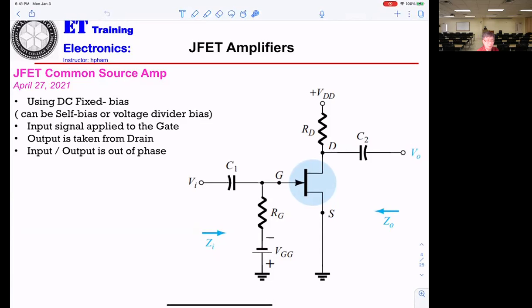How do we know it's a common source? Based on where the input and output are, and also the input and output will be out of phase. That's the minimum any student learning JFET must know.